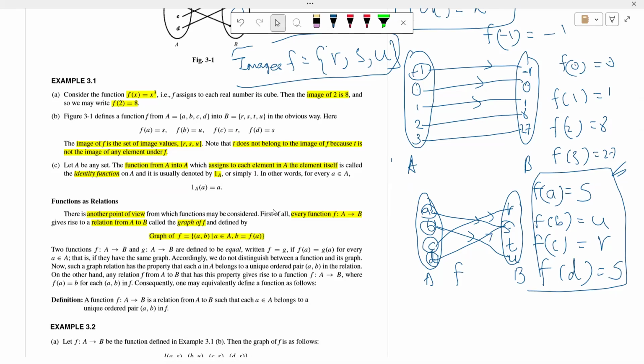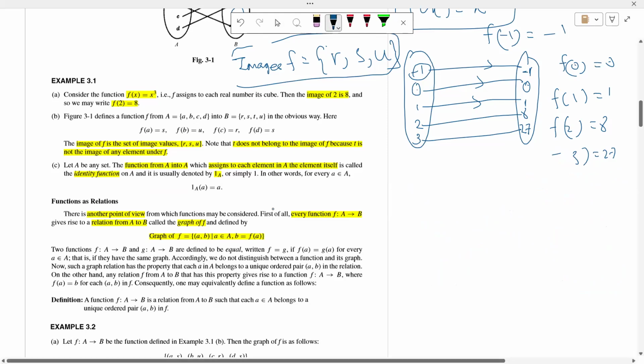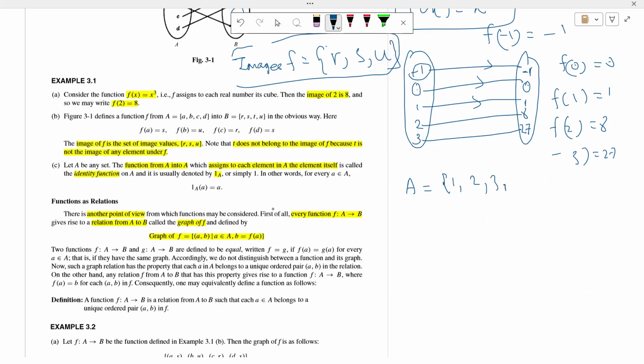Okay, the next one, identity function. There is a special type of function called the identity function. I will tell you what an identity function is. Let's say A is a set with elements 1, 2, 3, 4. There are 4 elements in the set.